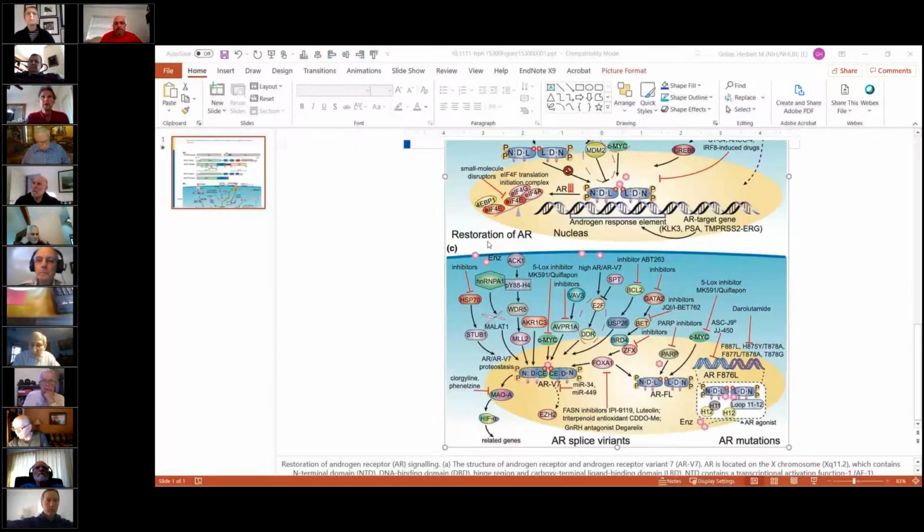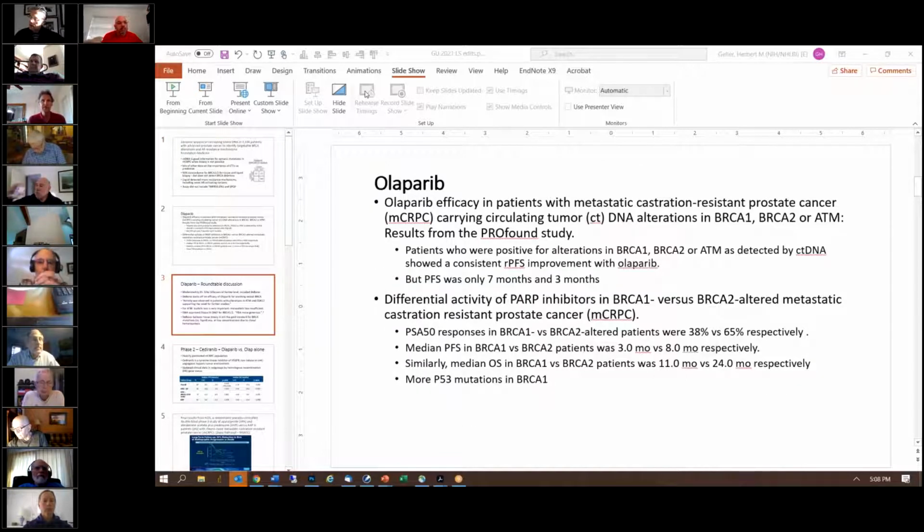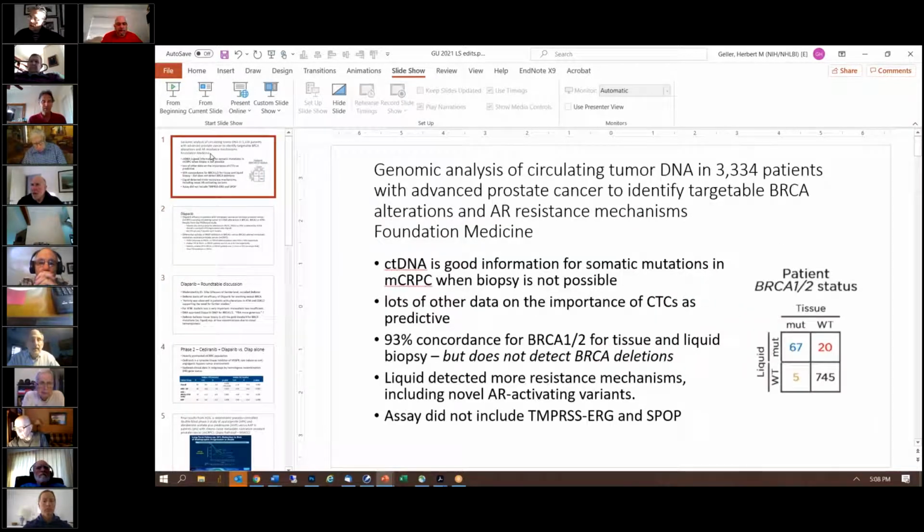Well, Herb, I think we have some information regarding liquid versus tissue biopsy with regard to BRCA coming up, but I'll mention it here since we're talking about the agreement between them.